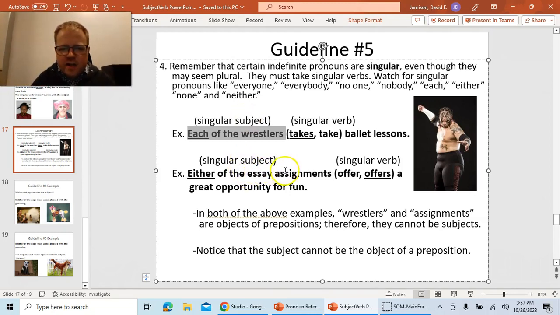Either of the essay assignments offer or offers a great opportunity for fun. Because we're using either here, we're dividing the assignments, which is plural, into singular assignments, and either one of them offers a great opportunity for fun. Again, you could just make it the essay assignment offers a great opportunity for fun, because we're dividing it up with either here.